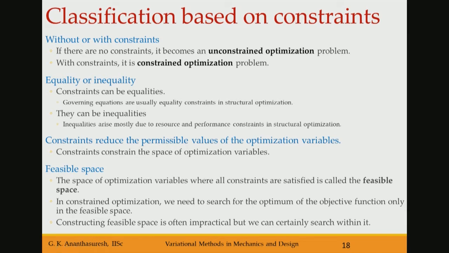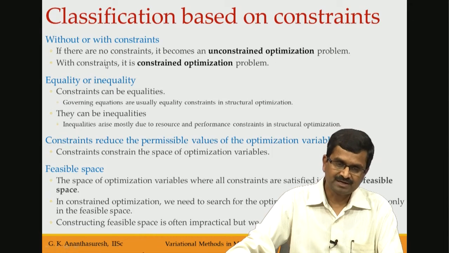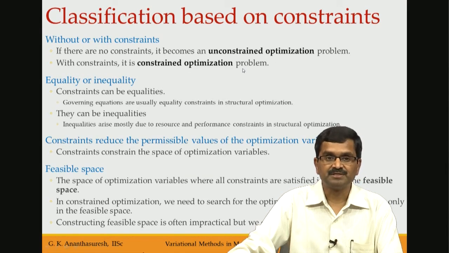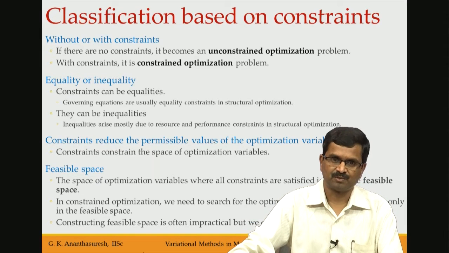You can also classify based on constraints. You can have optimization problems without any constraints, in which case we call it unconstrained optimization. There are no constraints. Okay. When you have constraints, it is constrained optimization. That is a classification based on constraints. Whether you have constraints or not, you get two different types of problems.